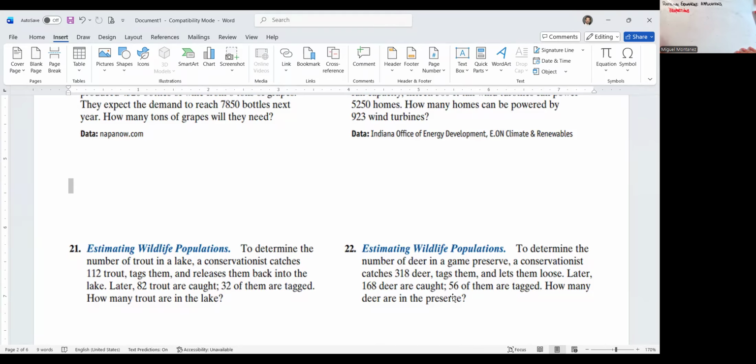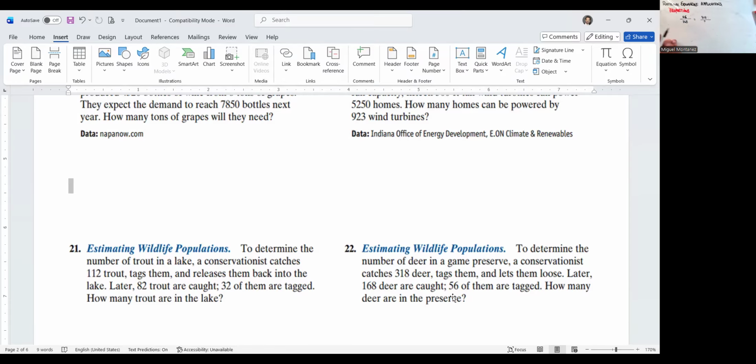So what do we have? Notice that what we know is that out of 168 deer, 56 of those were tagged at the end, the second time he did it. However, at the beginning, he tagged 318 deer, but we don't know how many deer there were originally.